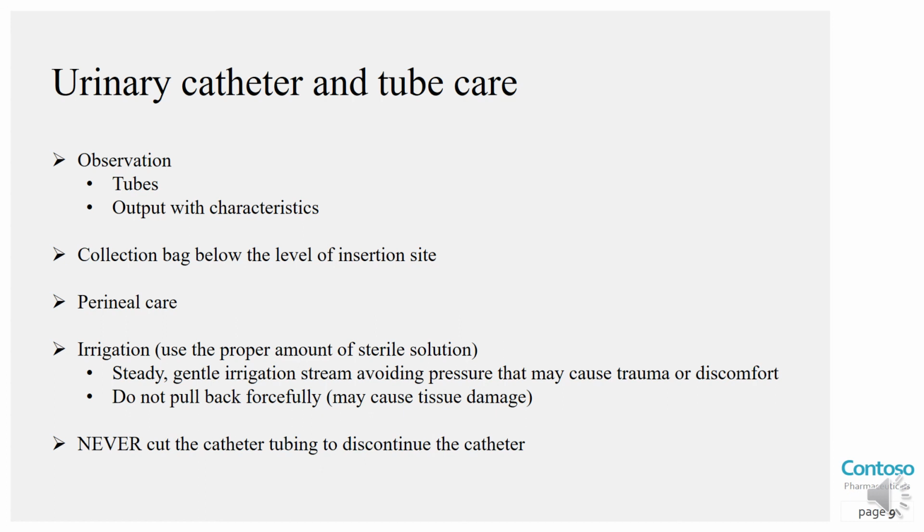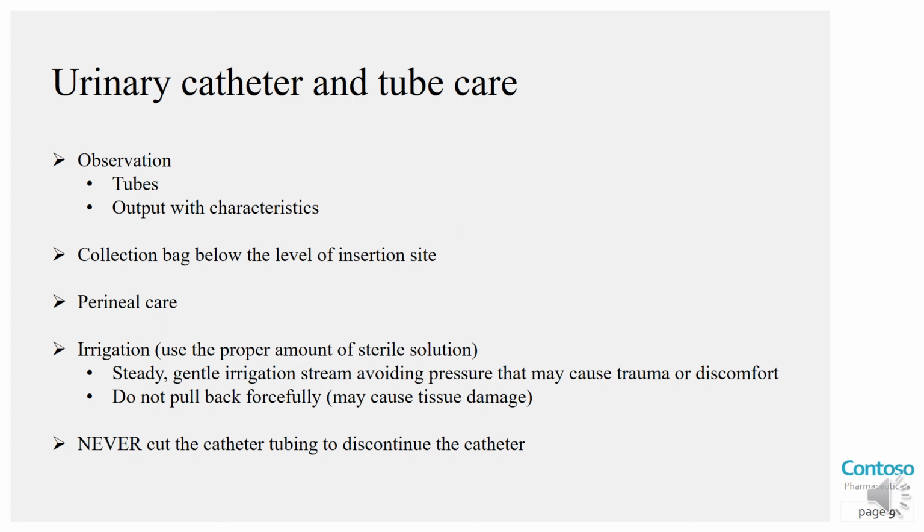Sometimes we may need to irrigate the tubing of the catheter if they have high amounts of residual within their urine or it's very mucousy. Sometimes that catheter needs to be flushed. So you would follow your agency's protocols or your specific practitioner's orders.